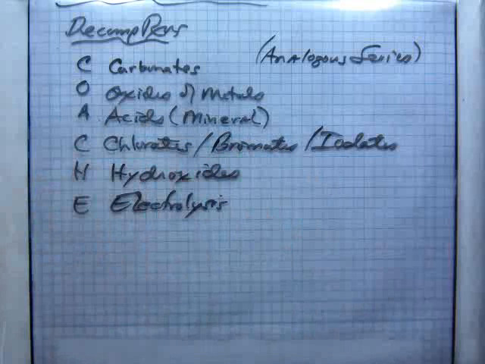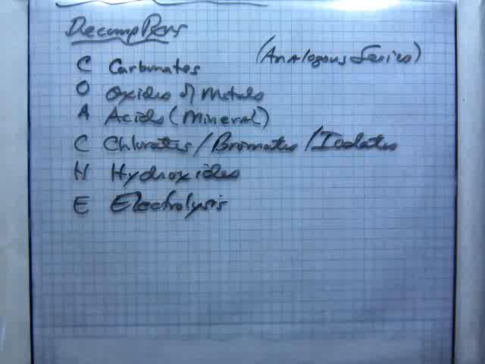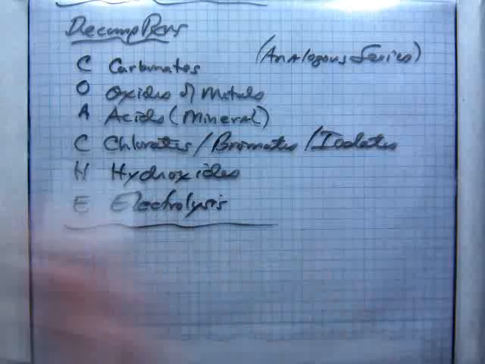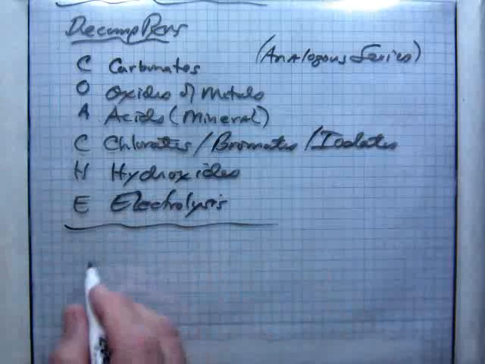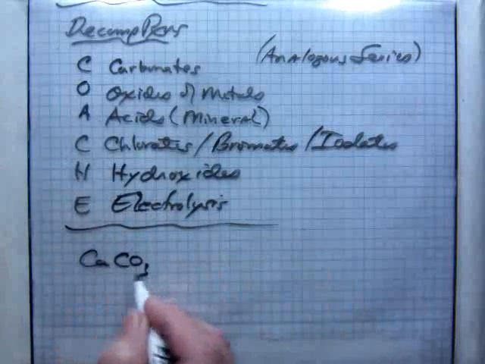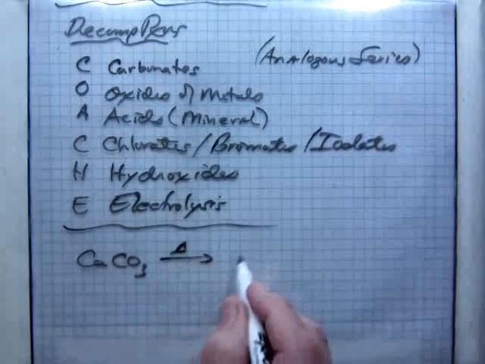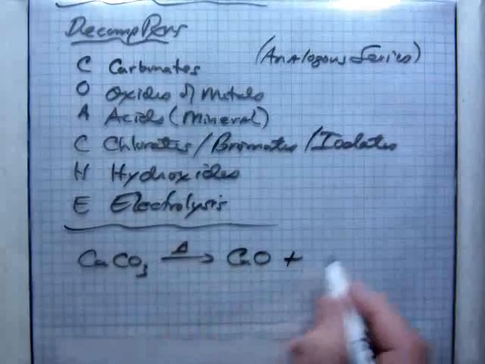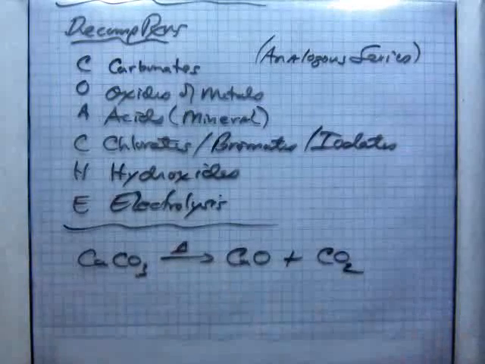So you can look on there and you can see the metal oxides and non-metallic oxides are your primaries. If you take calcium carbonate, heat it, you'll get calcium oxide and carbon dioxide.